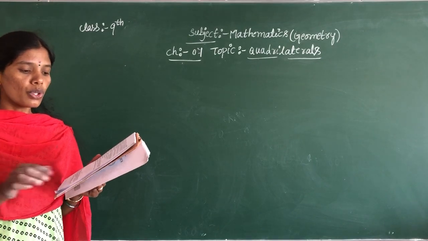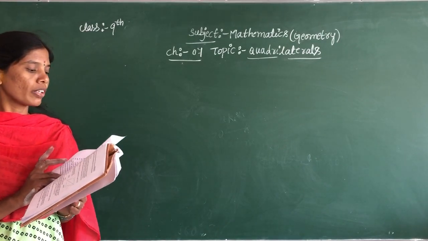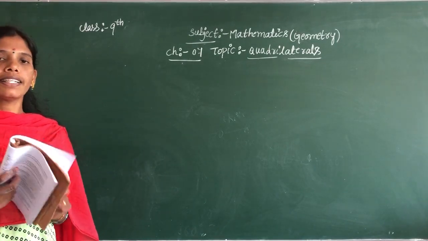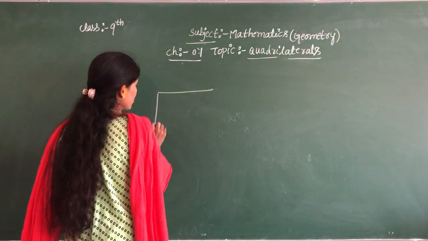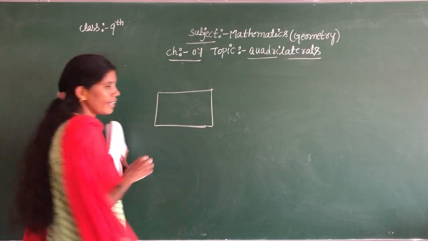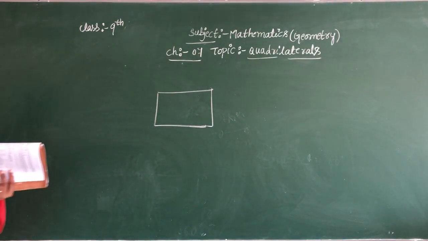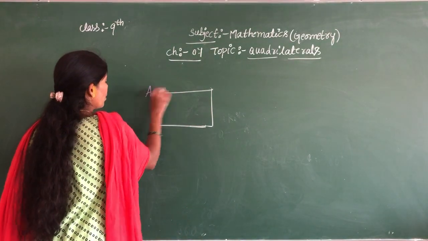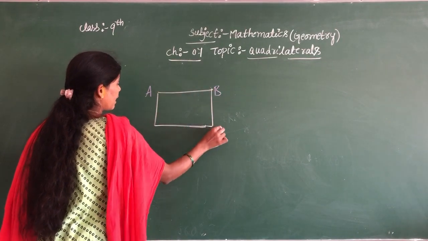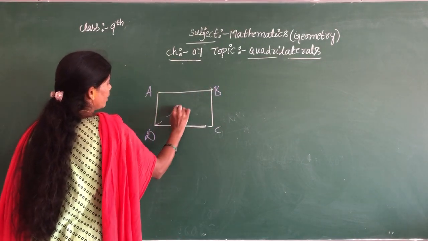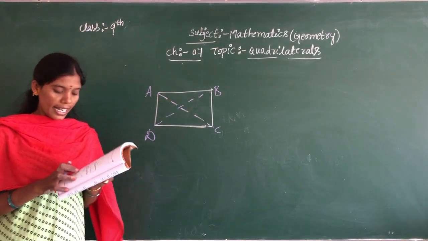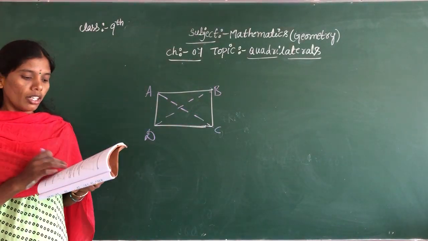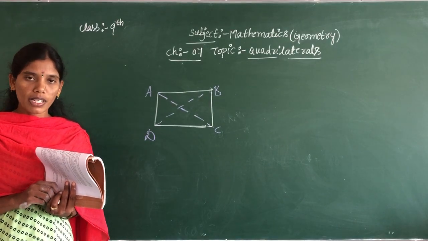Okay children, in a quadrilateral, how many diagonals do you put? You should take one quadrilateral and put two diagonals. You see children, this is one of the quadrilaterals, a rectangle.